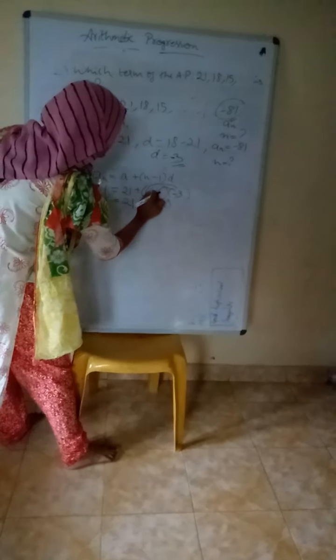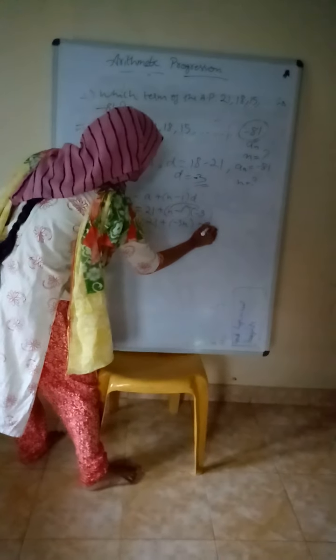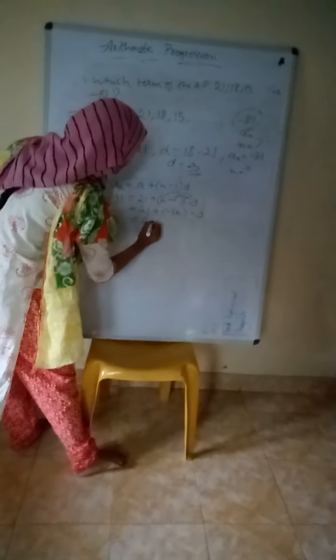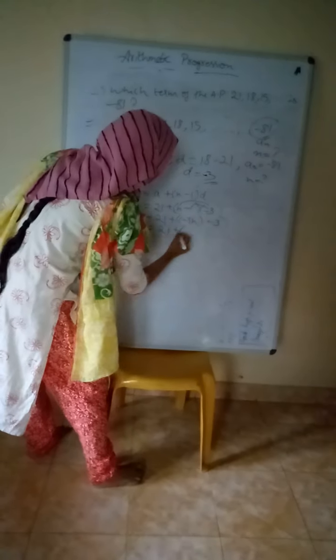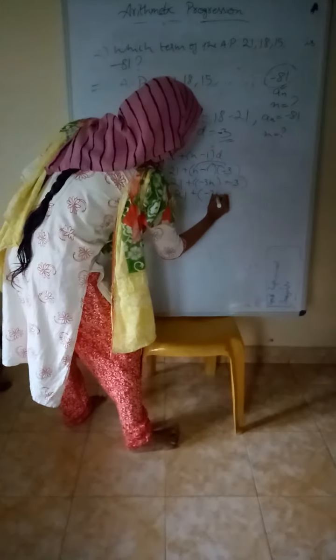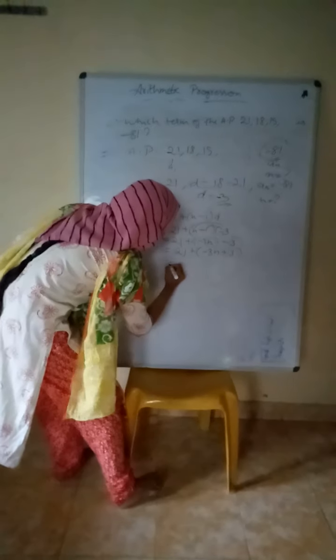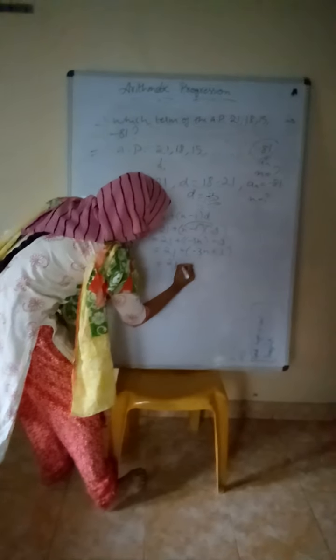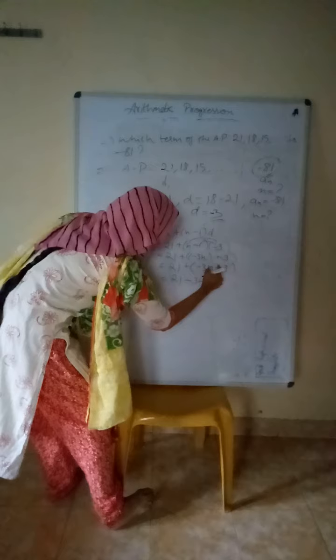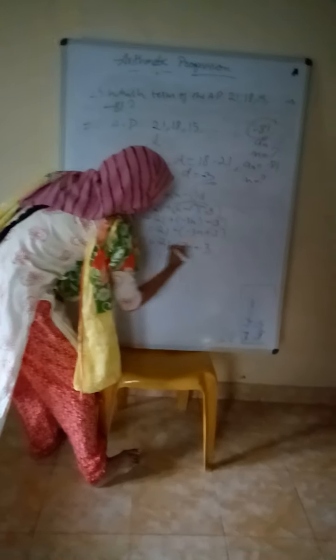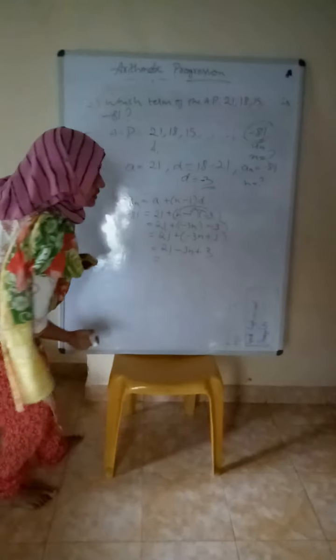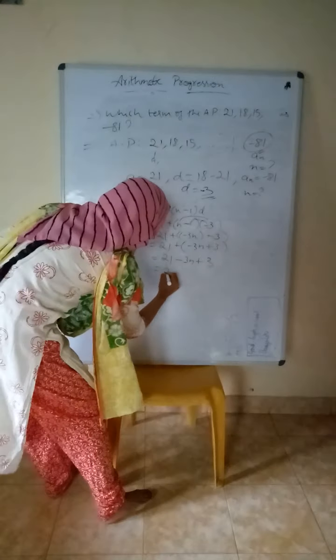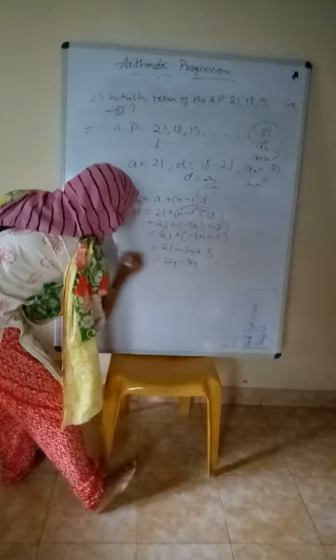Then minus 3 into minus 1: minus minus plus, 3 ones are 3. So it becomes 21 minus 3n plus 3. Now 21 plus 3, 24, minus 3n, equals minus 81.